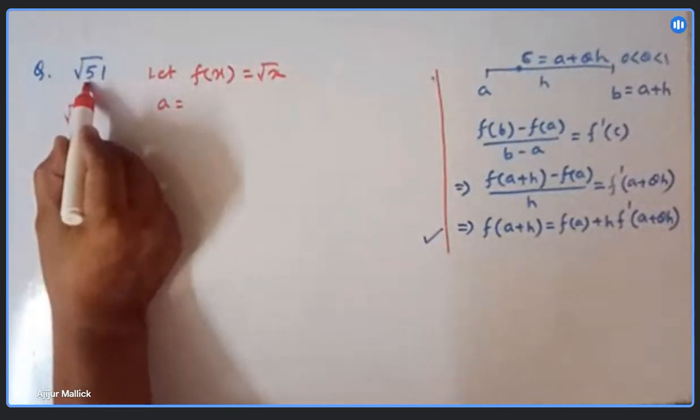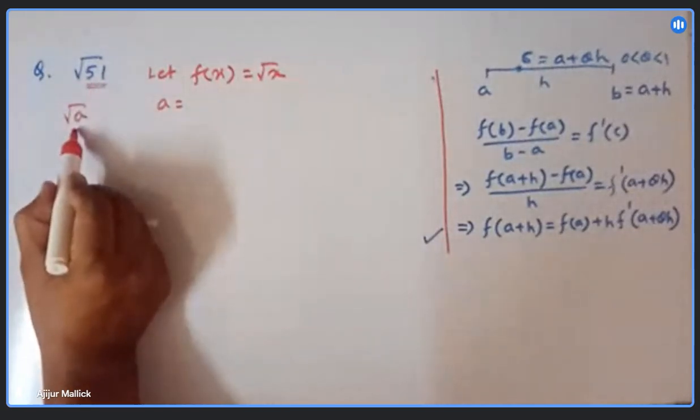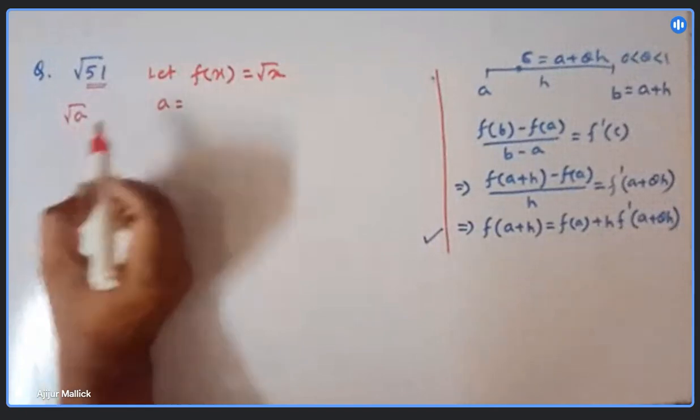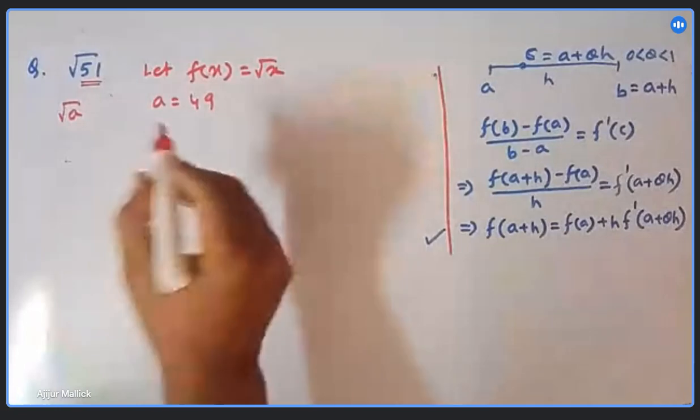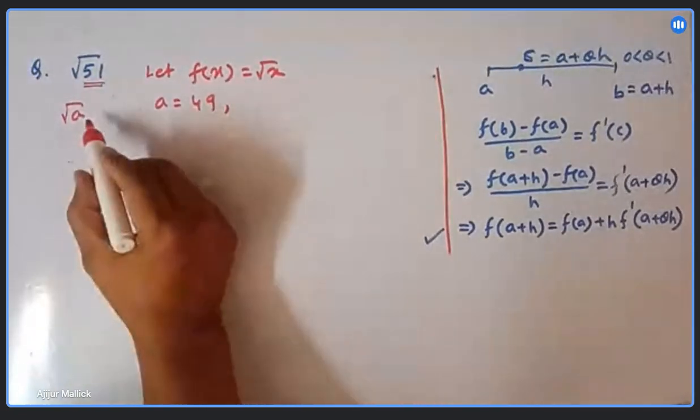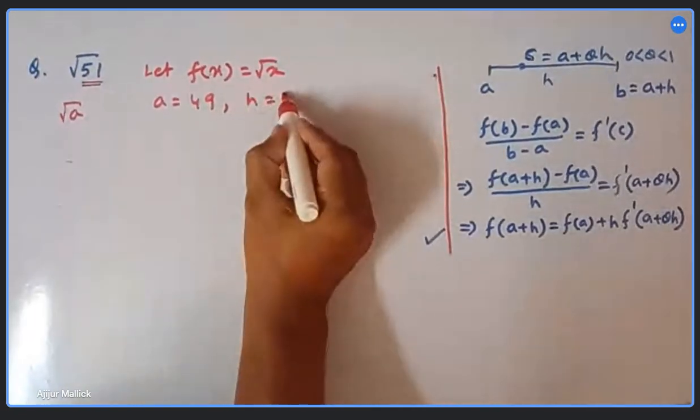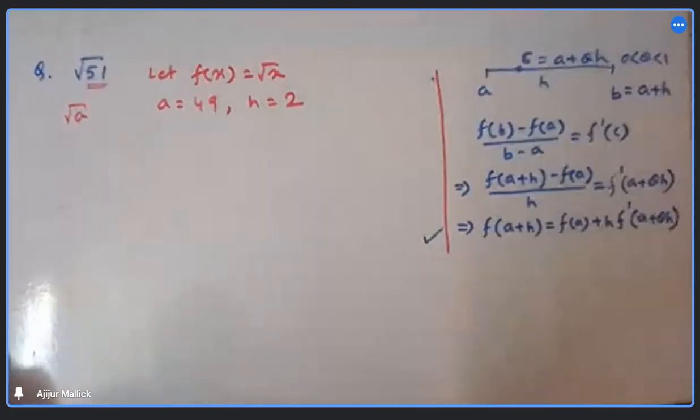The nearest value to 51 whose root is easily calculated is 49. So I shall take a is equal to 49 and their difference is 2.